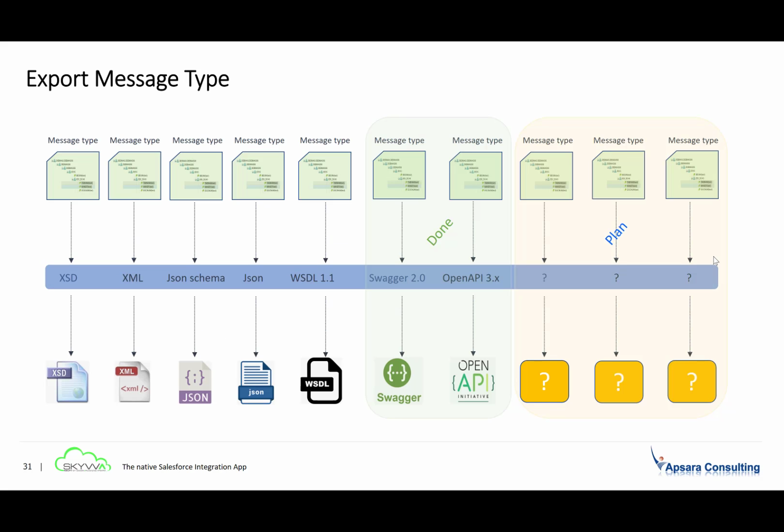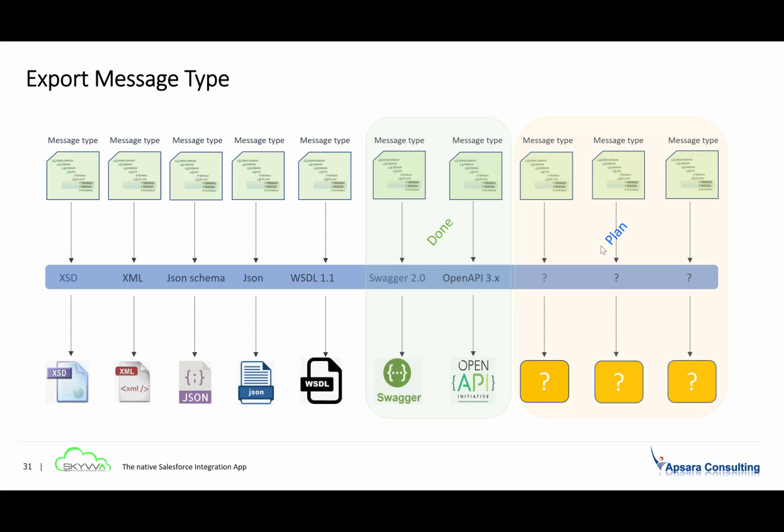On the other side, when we need to give you the data structure so that you can invoke us using the standard format, we have now enhanced to support Swagger 2.0 and OpenAPI 3.x. And we are planning for new data structures, our data format or upcoming data formats that will come in the future.